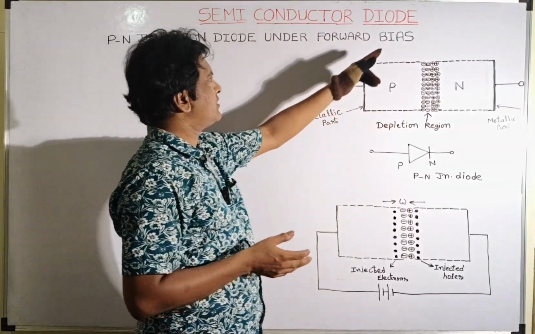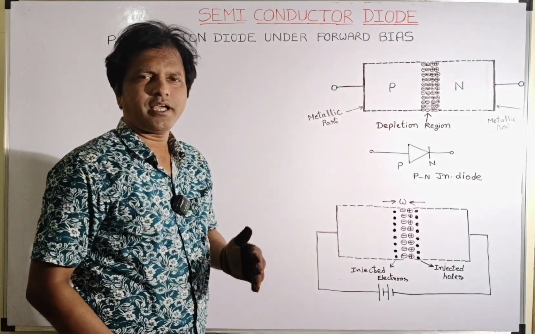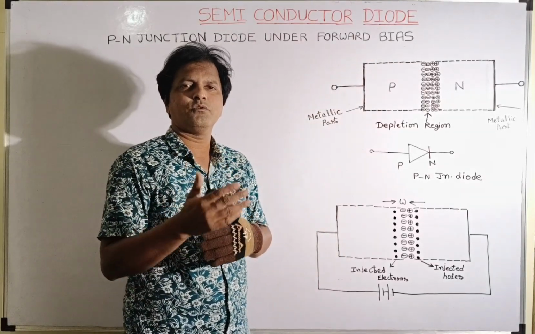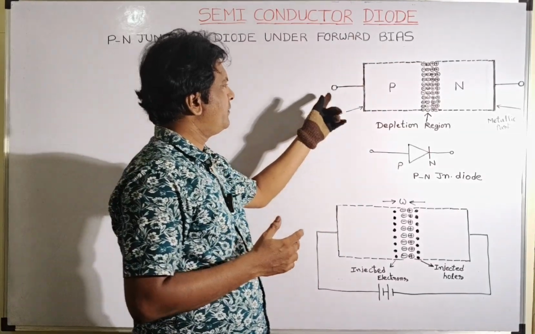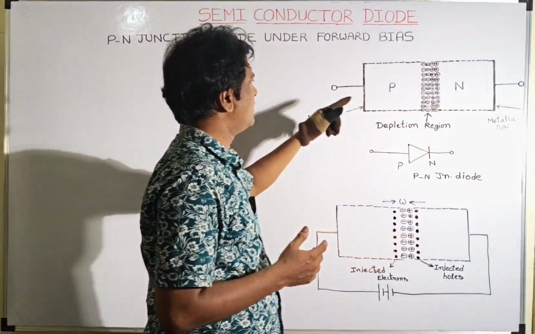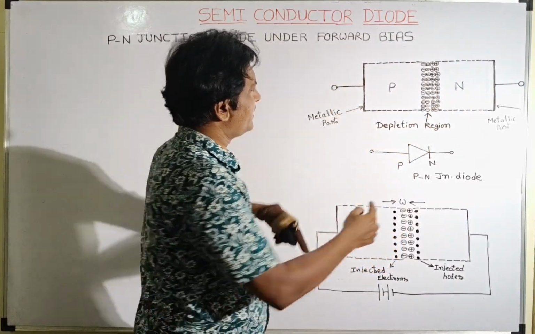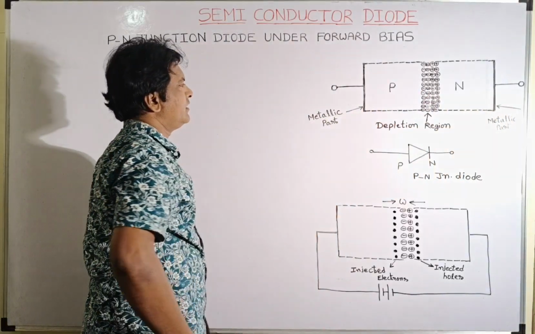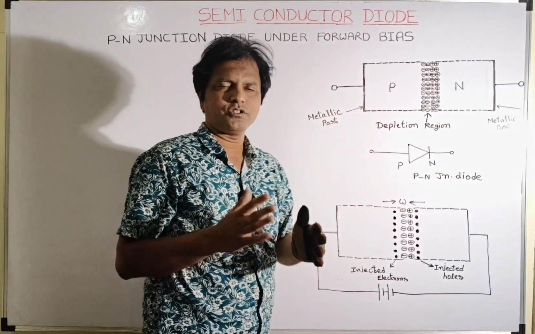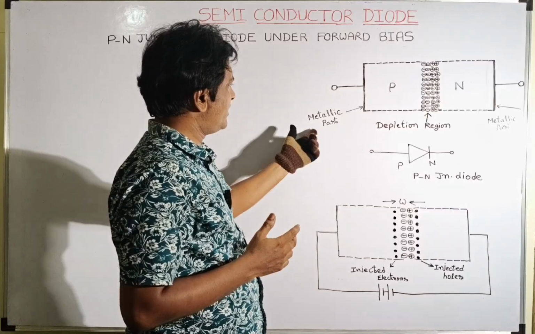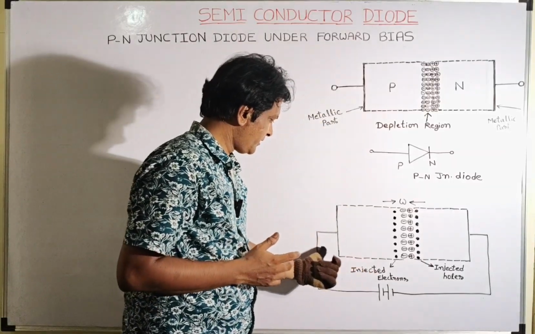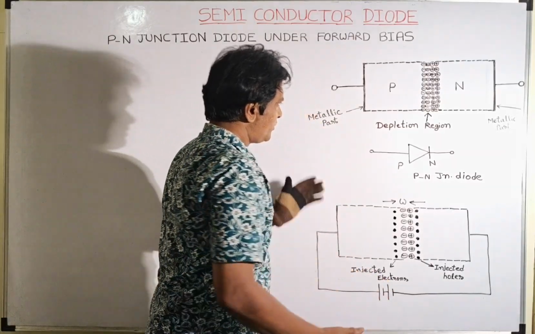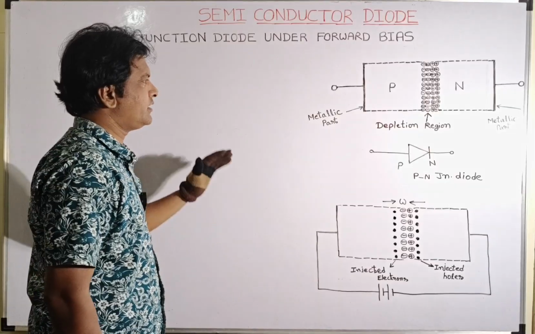So, what is biasing? Biasing means we actually apply an external voltage to the p-n junction diode. These are the metallic plates. I have written here metallic plate. These metallic plates are useful to attach the battery. Here we attach a battery to the metallic plates to supply the external voltage.